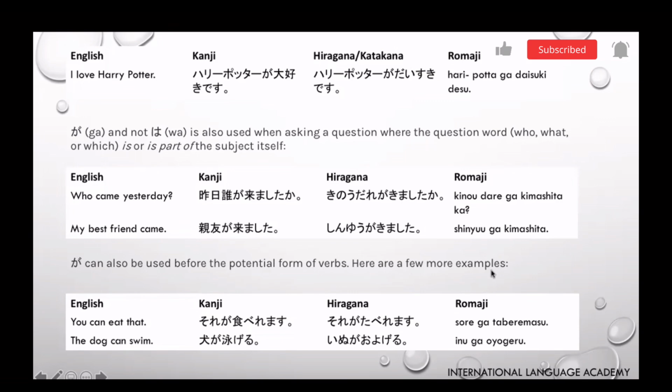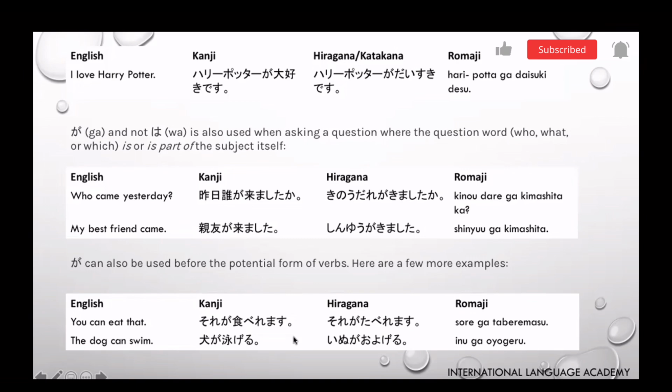And also, another method is that ga can be used before the potential form of verbs. Here are a few more examples. That means you can use the ga particle with a potential form of a verb, right? In English, we can say, you can eat that. それが食べれます。You can eat that. It's a potential form of a verb, so you can use the ga particle here also.